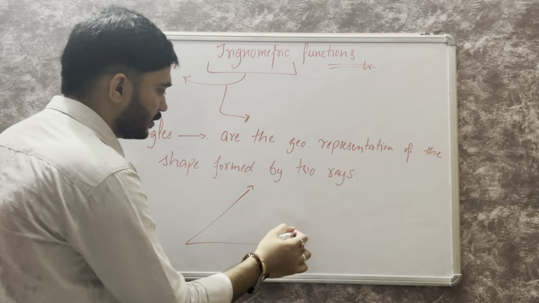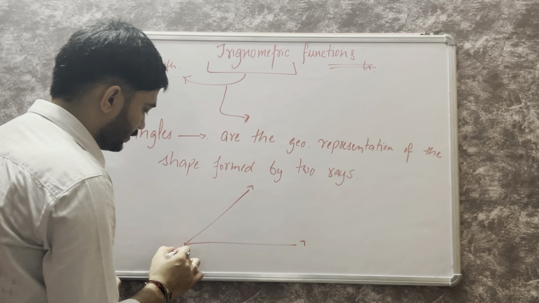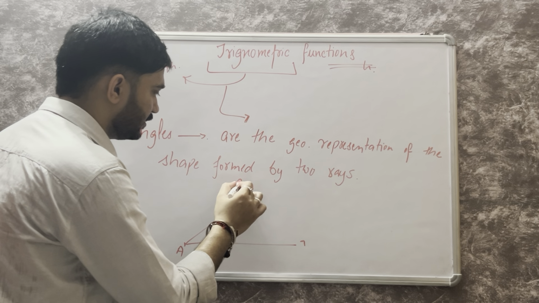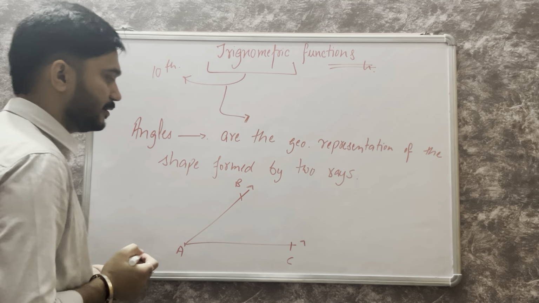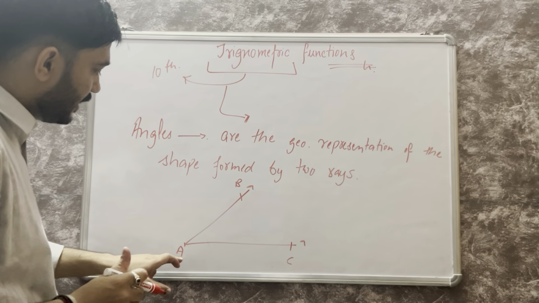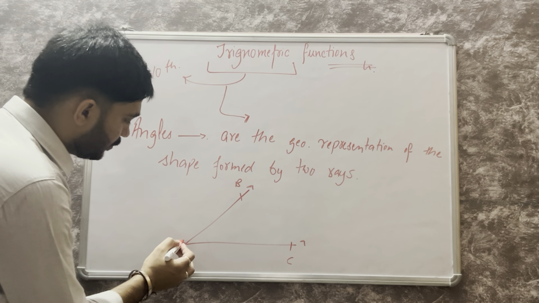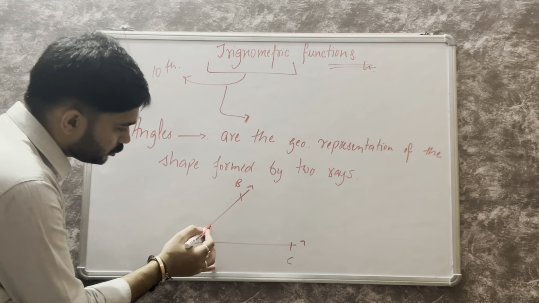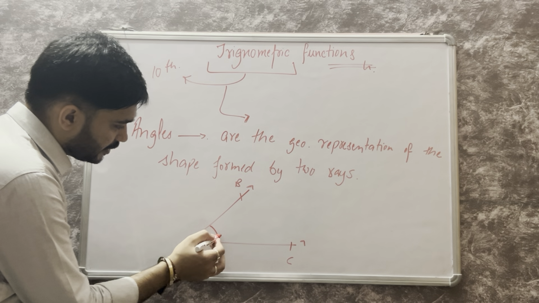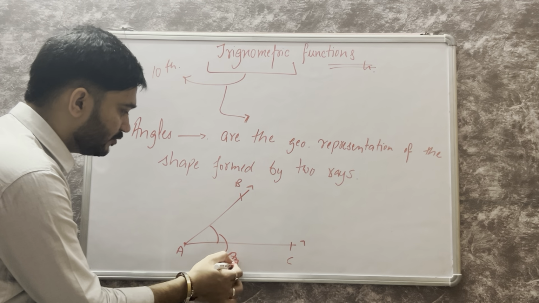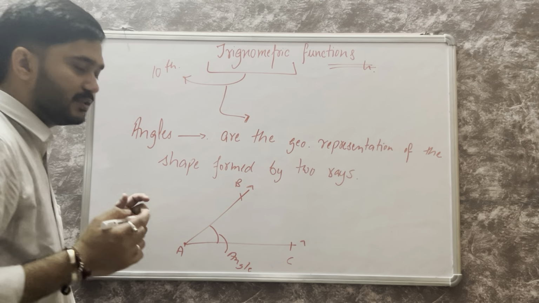Let this point be A, this be B, and this be C. AB is a ray, AC is a ray, with common point A. So this shape, which is in between two rays, is known as an angle.